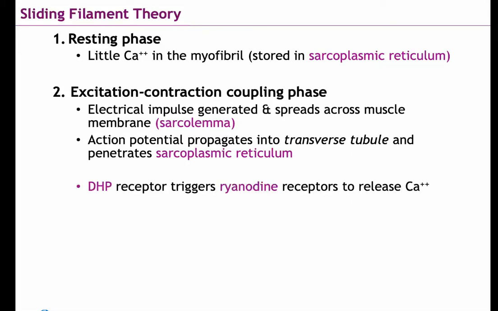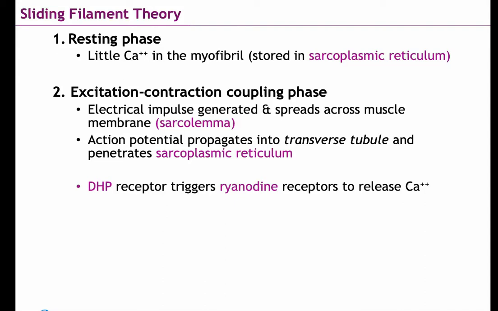So what happens here? A DHP receptor is just a type of receptor. The impulse travels down the T-tubules and penetrates the DHP receptor, which acts as a voltage sensor. Once it's activated, it will then trigger the ryanodine receptor. The ryanodine receptors are located in the membrane of the sarcoplasmic reticulum, and they open once stimulated and release calcium into the cytosol of the cell.